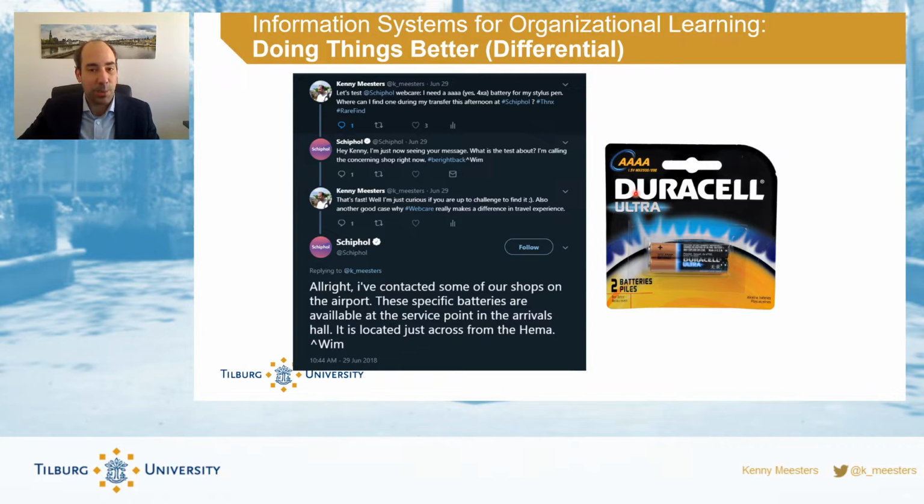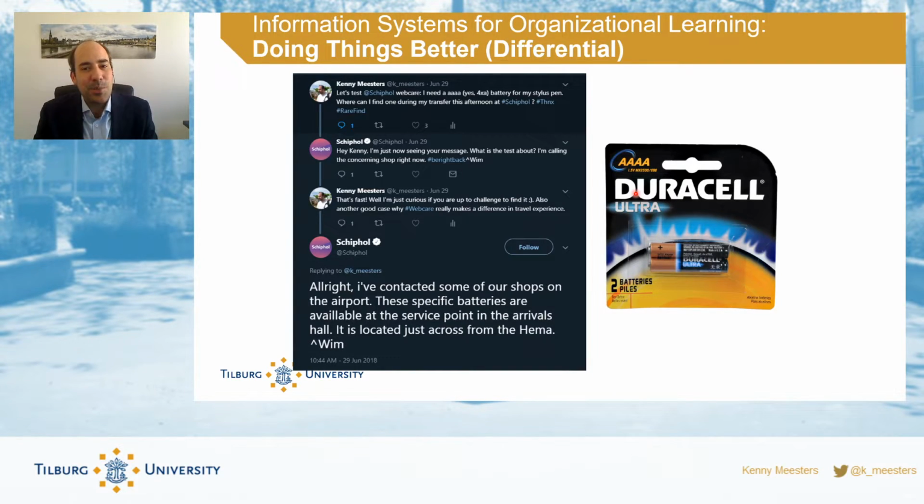So somebody at Schiphol picked up the phone, started calling the shops, and they said, yeah, exactly. We contacted several shops, and we found a specific shop that has them. And in fact, we've already asked them to keep the batteries separate, so you can just walk up to the counter, tell them you're Kenny and we're looking for these batteries, and they will be ready for you.